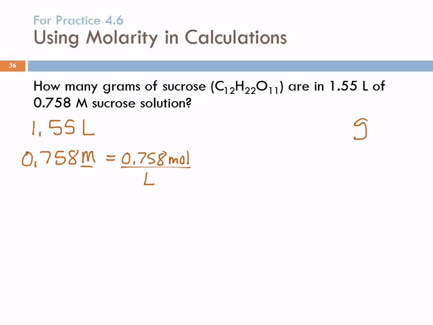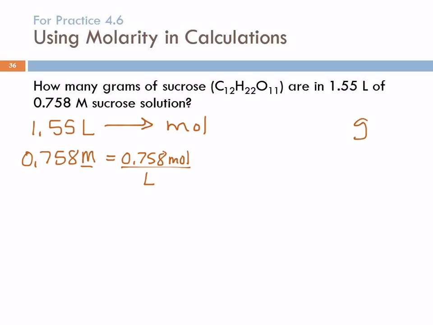So what I've told you before is just look at the unit. This is liter, this is moles per liter. This is probably a conversion factor you're going to need. We're going to start with liters. And from liters, we can use this conversion factor to get to what? Moles. So we can get to moles.